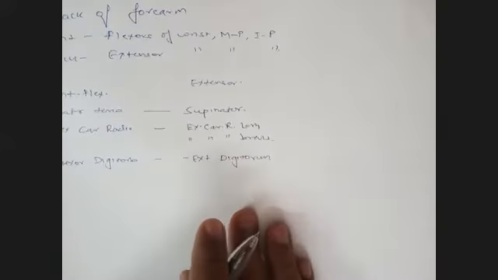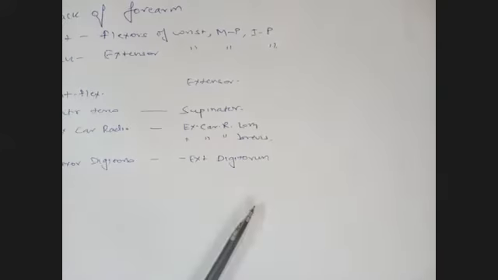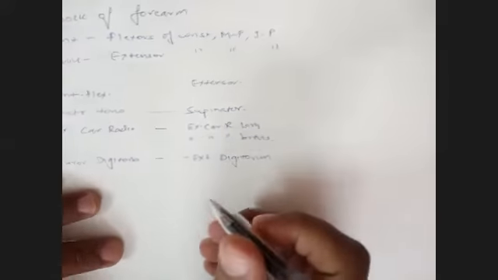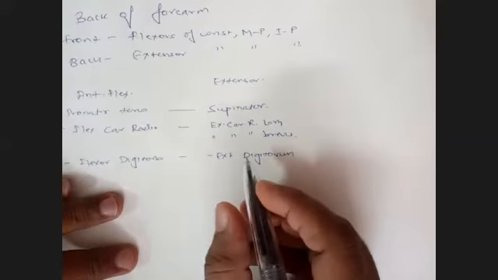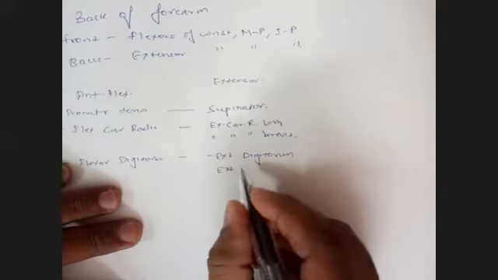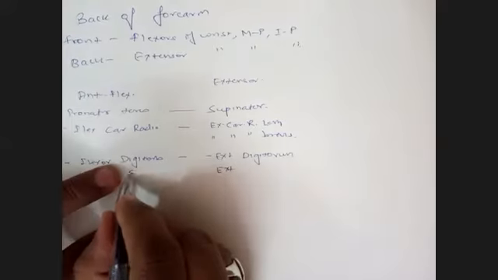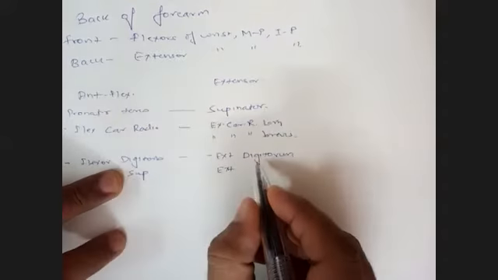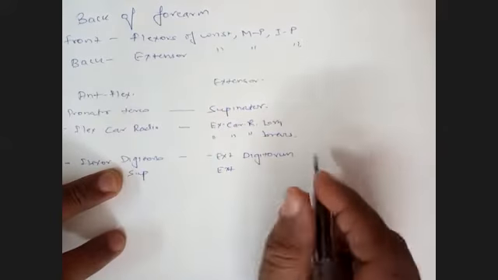Okay. Along with extensor digitorum, there are some other muscles also. And these other muscles are for some of the digits, they have separate extensors. Like here we had flexor digitorum superficialis and profundus. In the extensor compartment, there is only extensor digitorum.